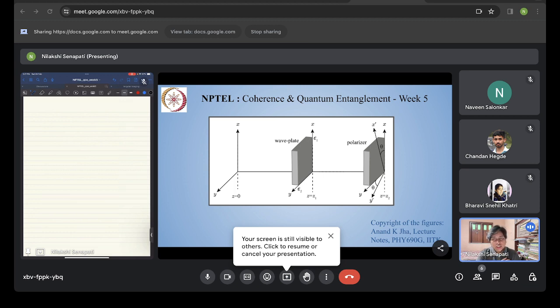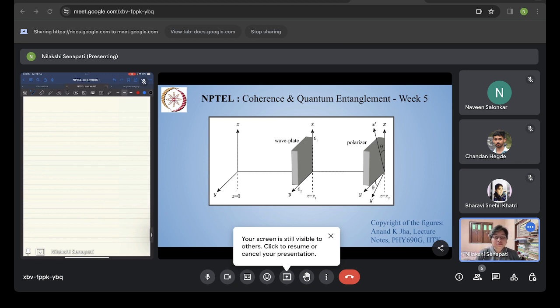Polarization is a two-dimensional vector. An optical field whose electric field vector oscillates in the horizontal direction is called a horizontally polarized field, or x polarized field. Similarly, if the electric field vector oscillates in the vertical direction, it is called a vertically polarized field, or y polarized field.